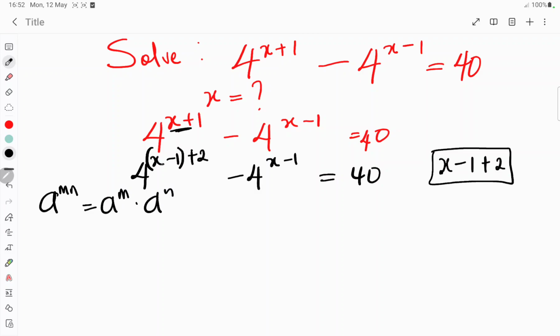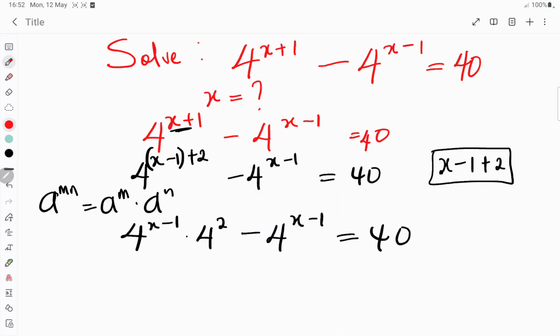So I can write it as 4 power x minus 1 times 4 power 2, because when you multiply in the same base, you add the powers. Then minus 4 power x minus 1 is equal to 40.